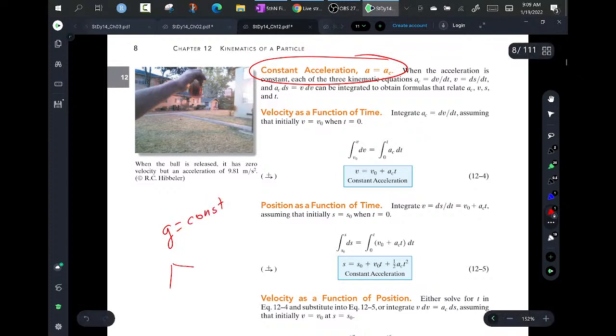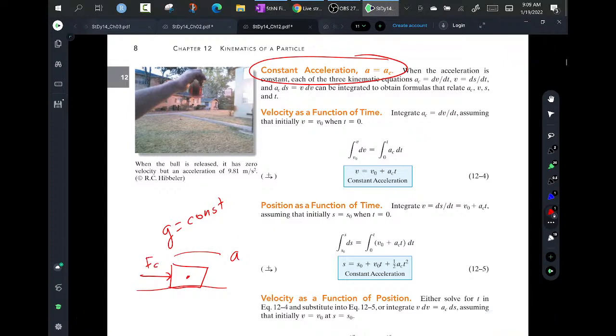The other thing is if you have, say, a box on the floor you're trying to move, and you push on it with a certain force, if the force is constant, then unless you're shedding mass like a rocket would, the acceleration will be constant. By placing a constant force on something, you're going to get a constant acceleration unless the mass is changing.